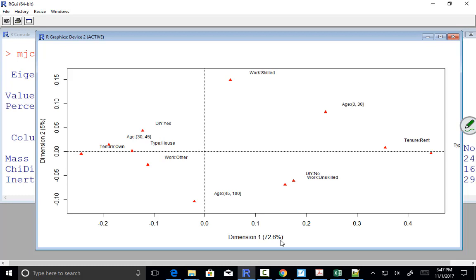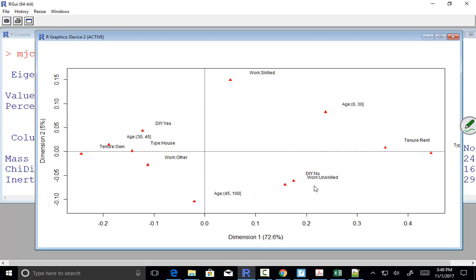The big picture, the big story of these data is that these go together, those go together, and they don't mix. The subtle story, though, is that the skilled workers tend to be young, whereas the older people tend to be the unskilled, no DIY.